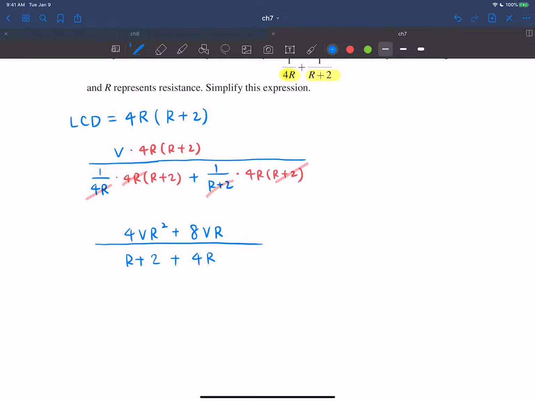And again, we could combine like terms in the denominator. You have 4vr squared plus 8vr over 5r plus 2. It looks a little bit crazy, but that is our final answer after you simplify that complex rational expression in number 13.